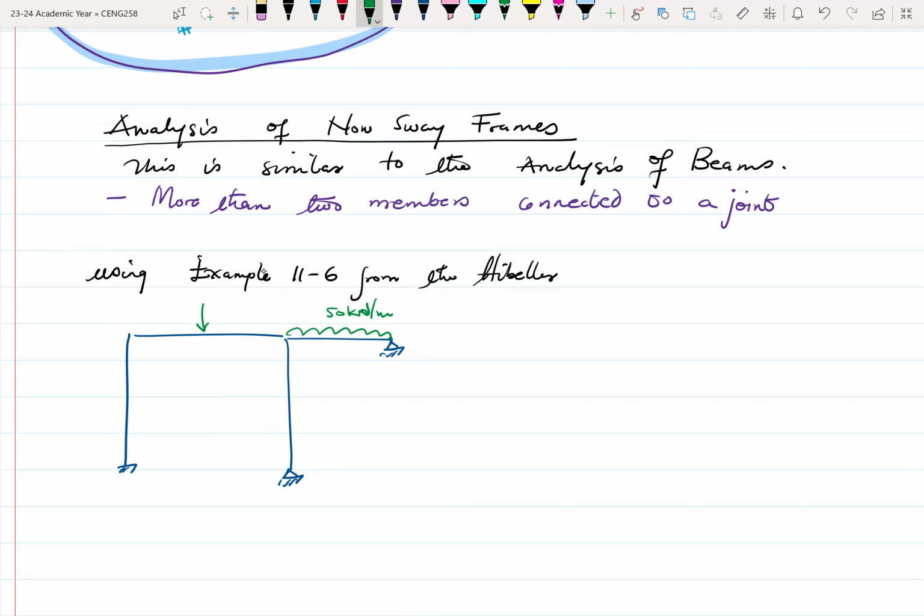And then here we have 30 kilonewtons. Let's look at the dimensions. This is 4.5. And these lengths are 2.4, 2.4, and then 3.6.